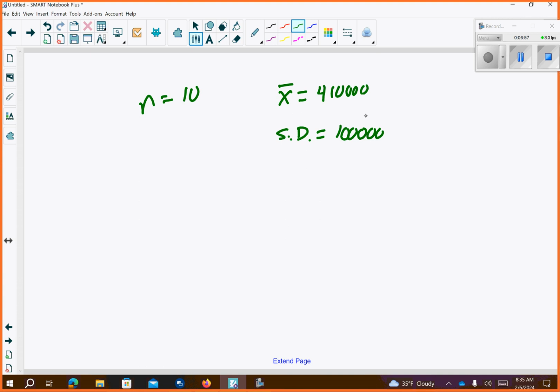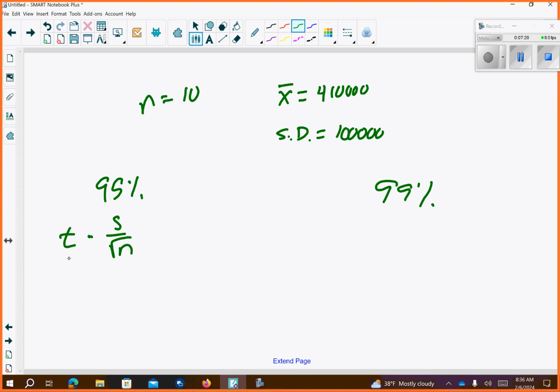So we want to produce a 95% confidence interval. We have a 95 here, and we'll do a 99 over here, so we'll answer both those questions. This will be T times standard deviation over the square root of the sample size.